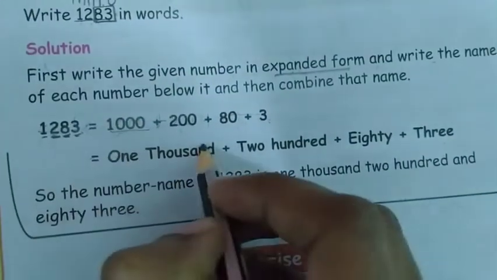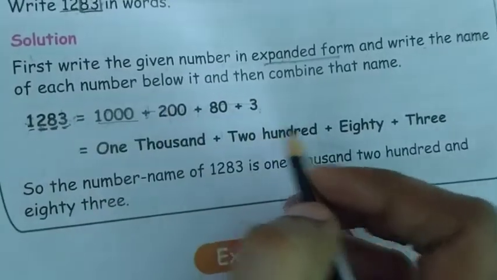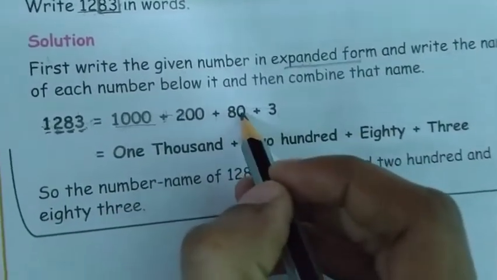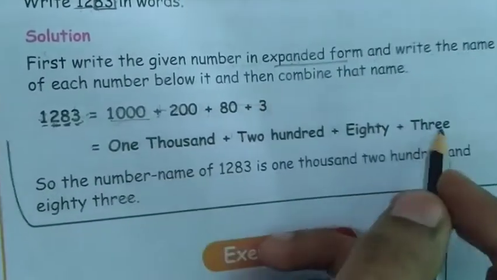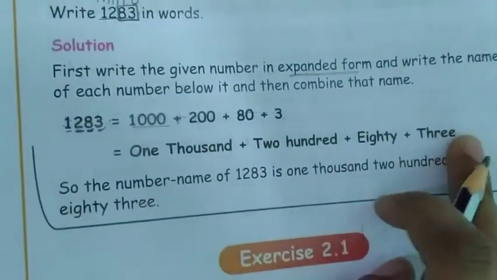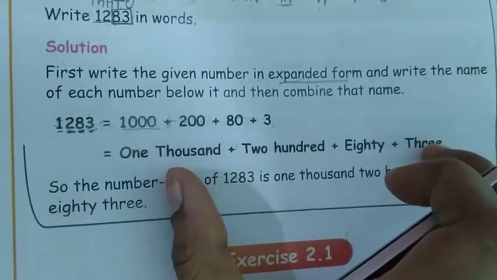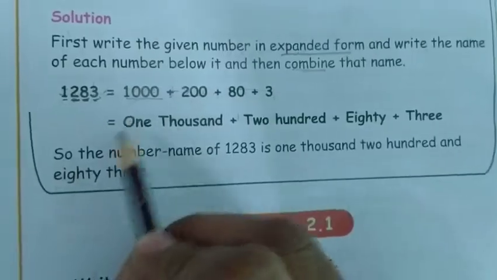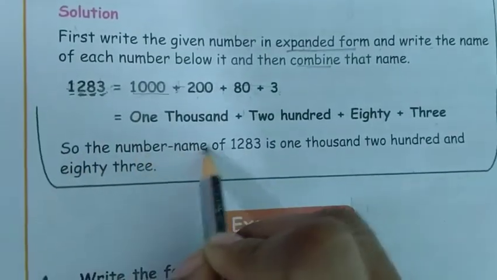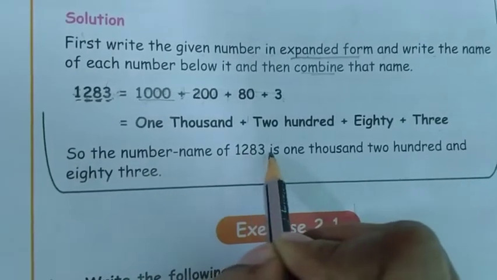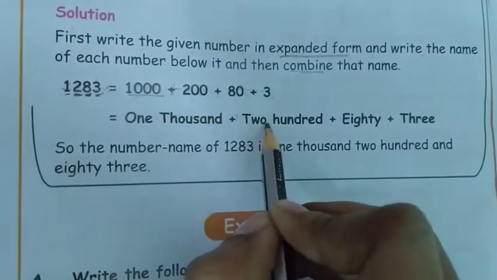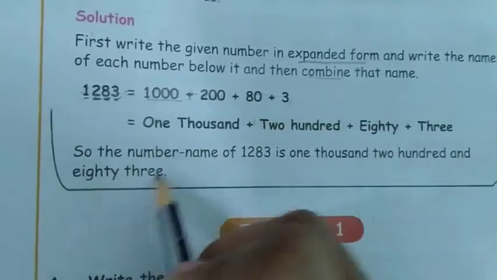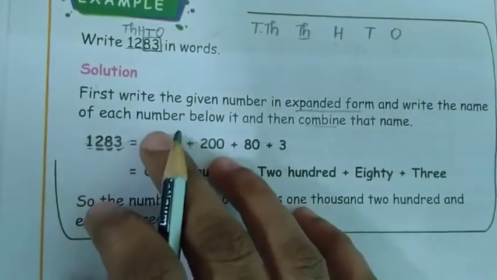So 1000 plus 200 plus 80 plus 3. Now we write the names, and now we combine the names. So the number name of 1283 is written out. Is that clear for you?